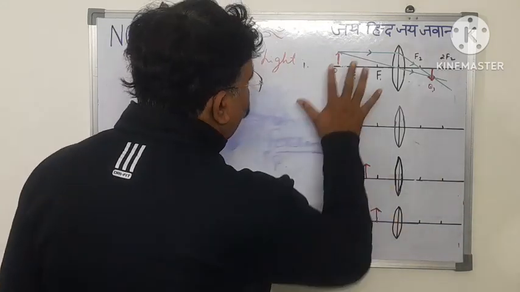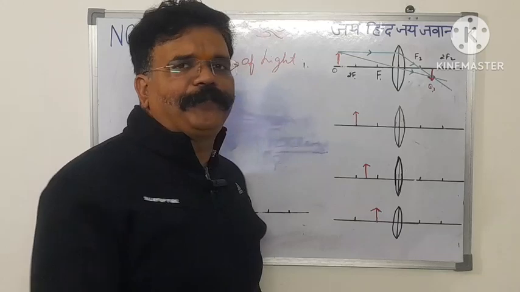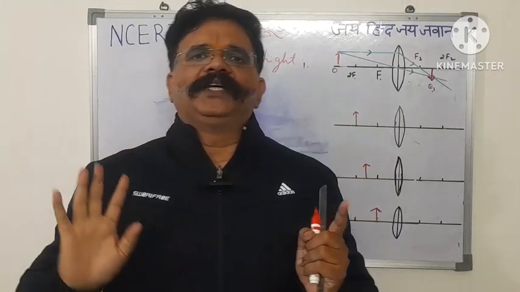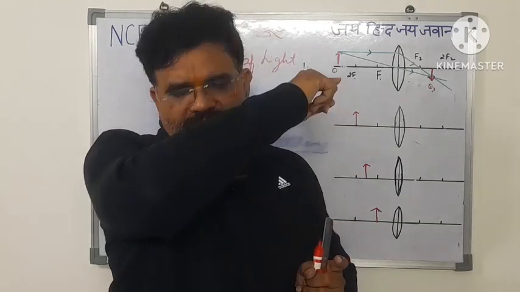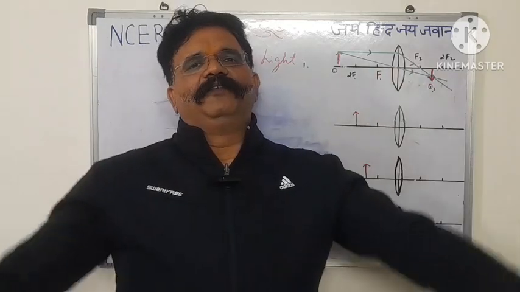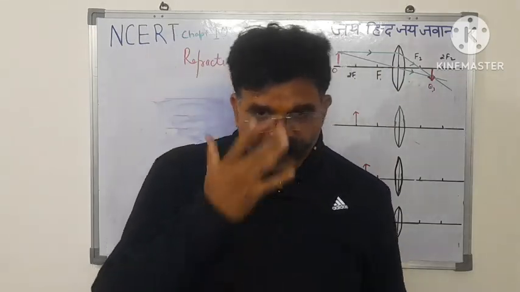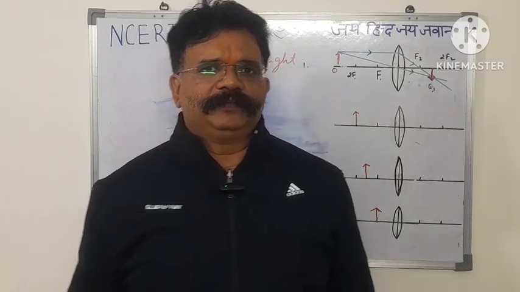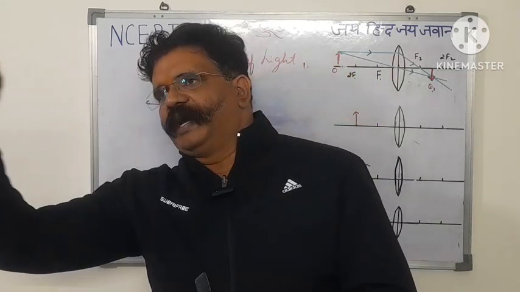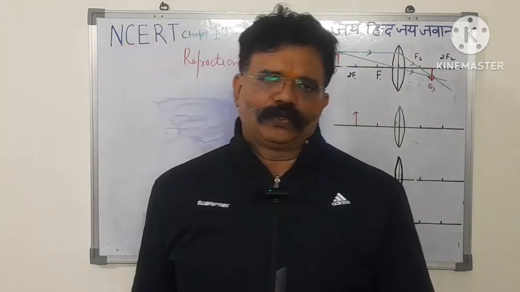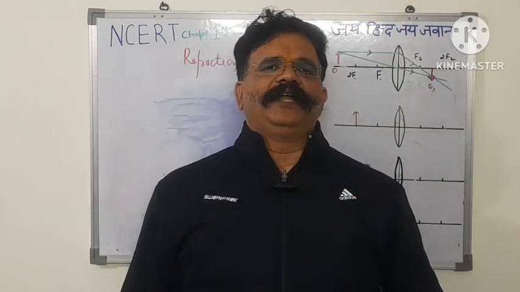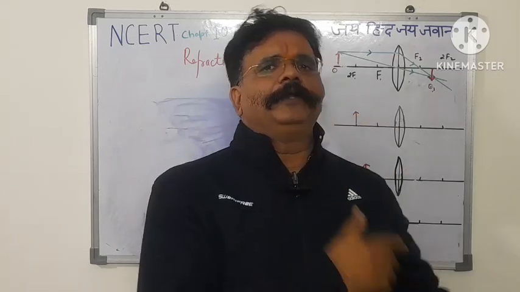Irrespective of the position of the object, you have to take two rays, one passing parallel and then through the focus point, and the straight ray passing through the optical center. You need not mug up anything. Just follow this pattern. Again, I am reminding you, one ray parallel to the axis that will pass through the focus, and the ray passing through the optical center. If they are not meeting, we will see that condition also.